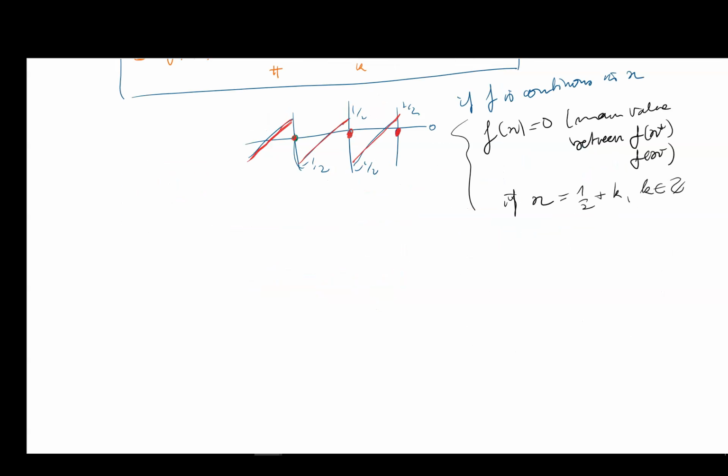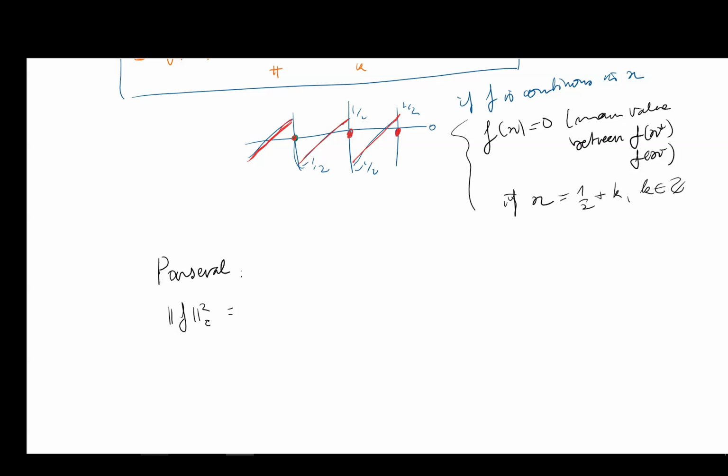Let us also apply the Parseval equality. Okay, so I remind you, what does it tell us? It tells us that the 2-norm of your function, the square of that, is going to be equal to a0 squared over 4 plus 1 over 2 sum of the ak squared plus bk squared.